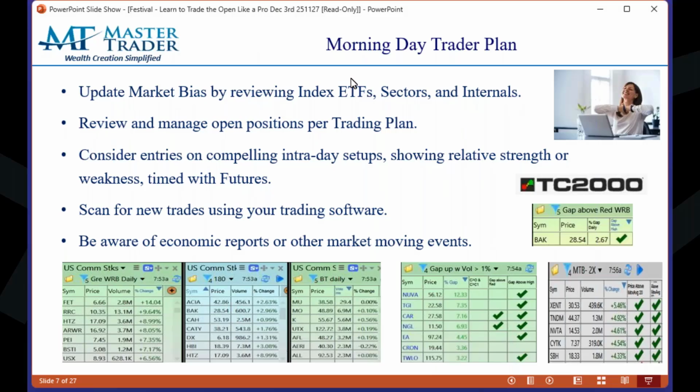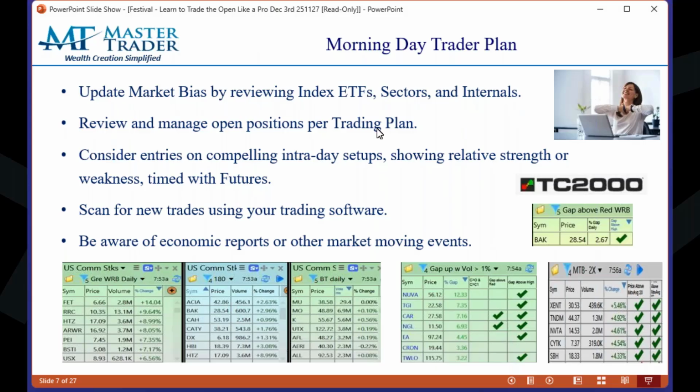And I'm looking at 3 different time frames, 5 minutes, 15, and 65, which is like hourly, but just 6 bars per day instead of 7. And then I'm looking at the dollar, the bonds, the tick, other market internals, the volatility index. And so I have a constant pulse on 3 time frames of updating my bias in the morning.